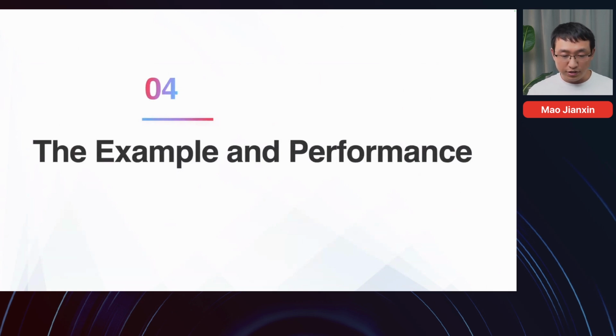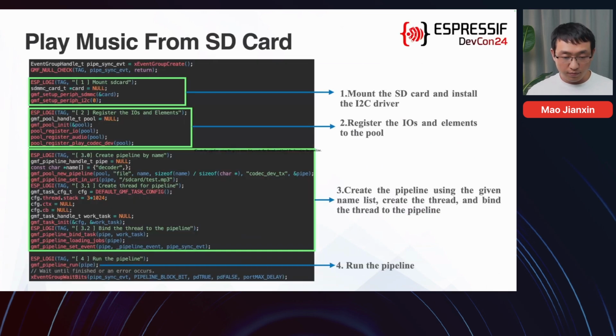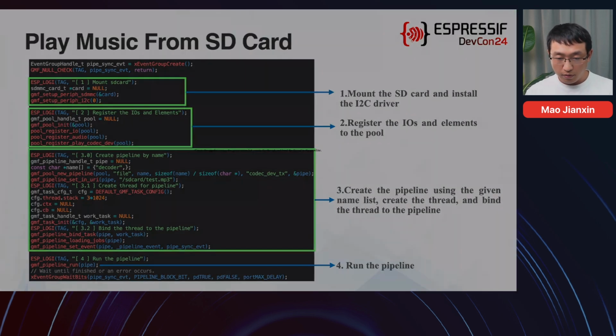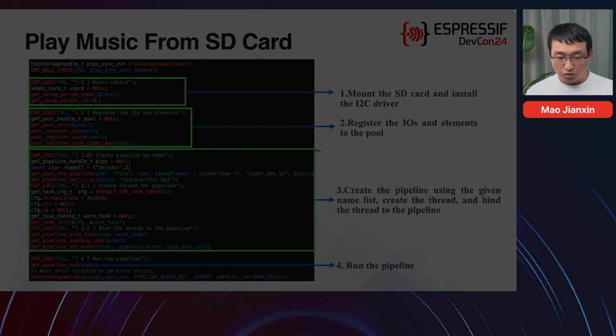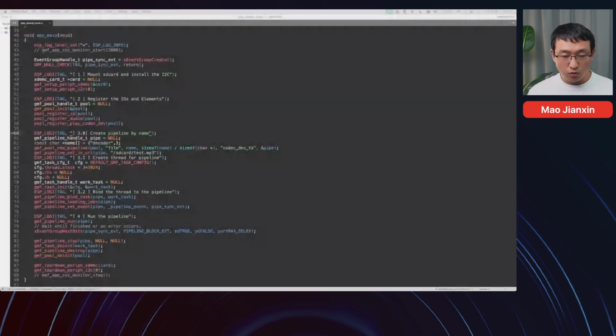Here is an example and a performance comparison. This is an example for playing music from SD card using the ESP GMF. Let me switch to my code window.